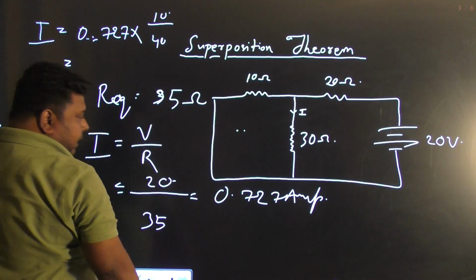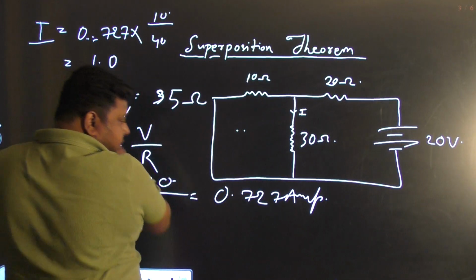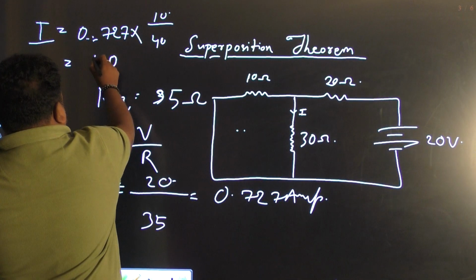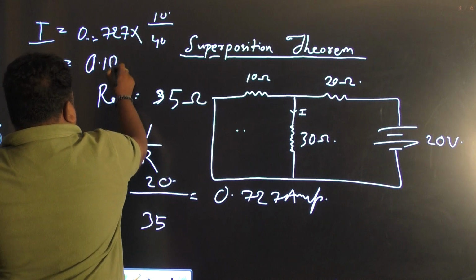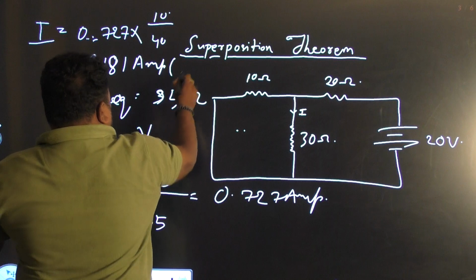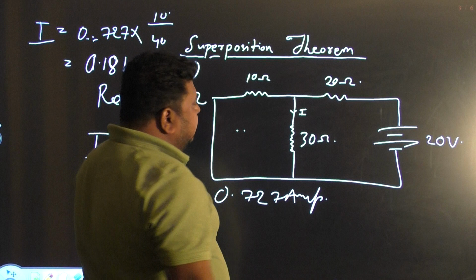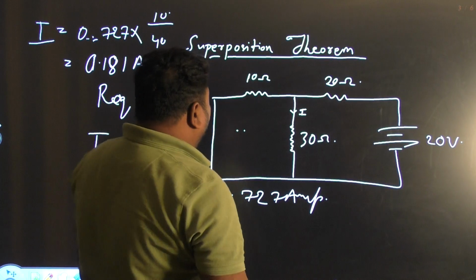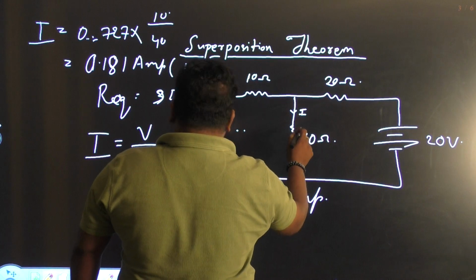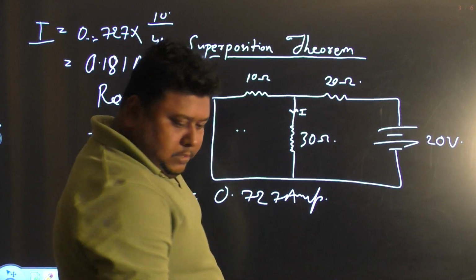So again you are getting a value of 0.181 ampere downwards. Means in the second step, by considering 20 volt, you are getting a current of 0.181 ampere and it is also flowing downward.